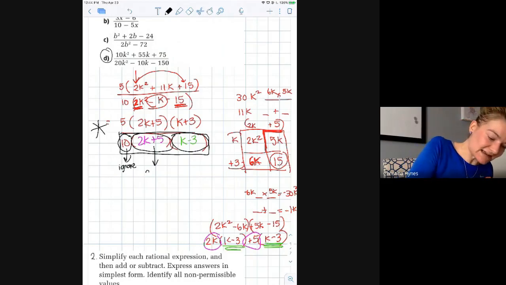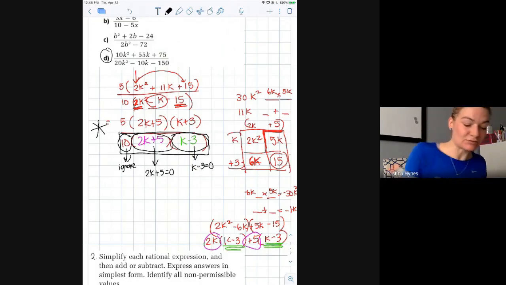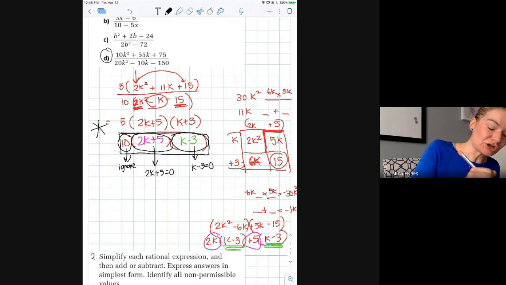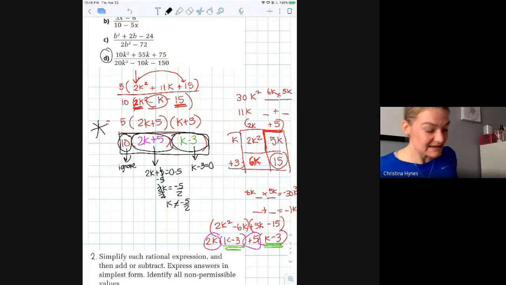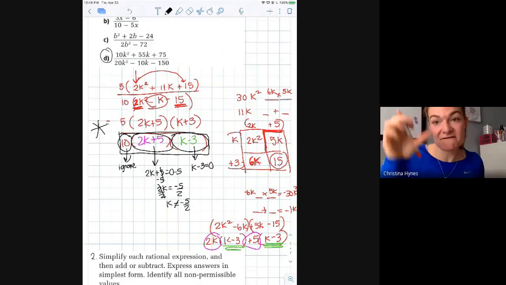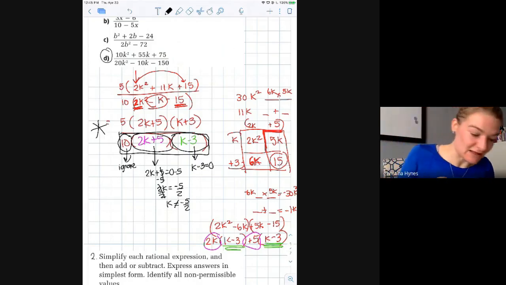This one, you have to take 2k plus 5 and make it equal to 0, and you have to take k minus 3 and make it equal to 0. You're going to isolate for k by subtracting 5 on both sides, and 0 minus 5 is minus 5, divided by 2. k is not allowed to be negative 5 over 2, because if it is, that makes that factor 0, and then all of it becomes 0. So that's a non-permissible value.